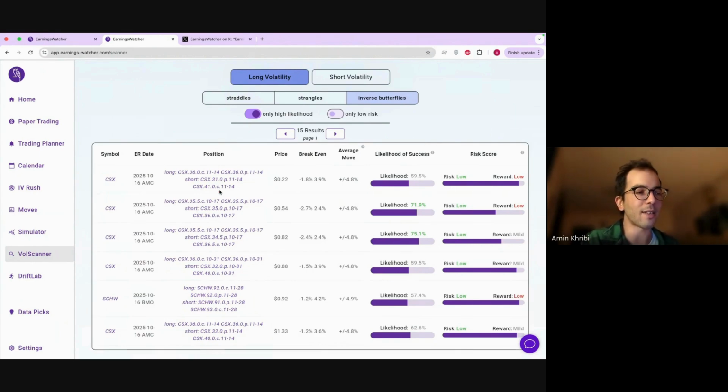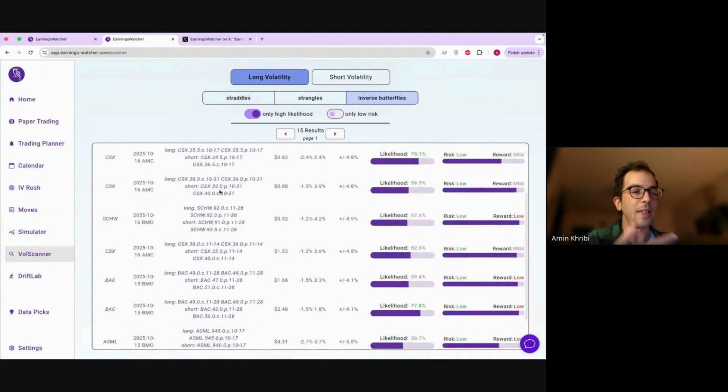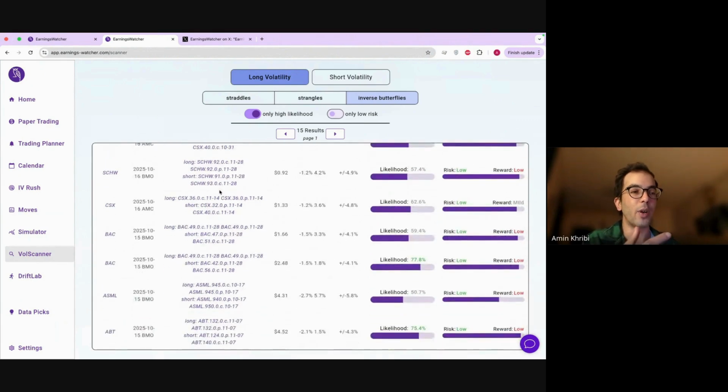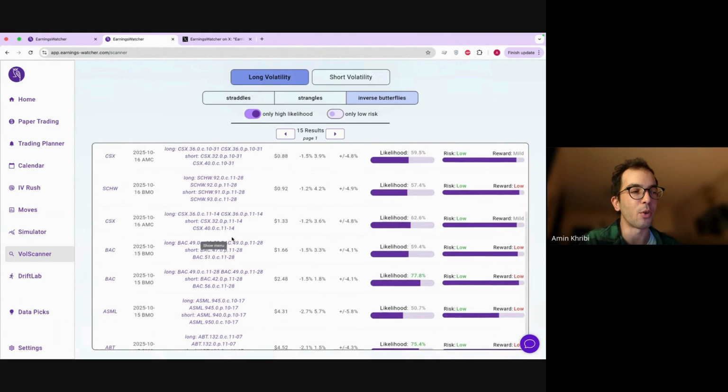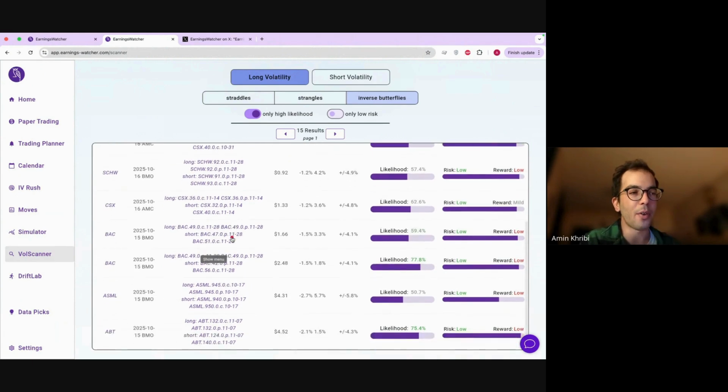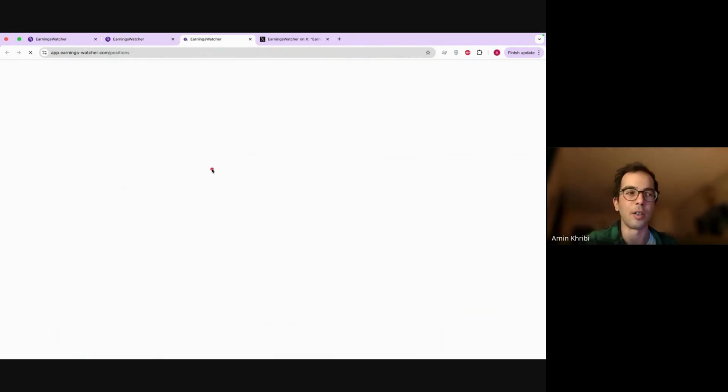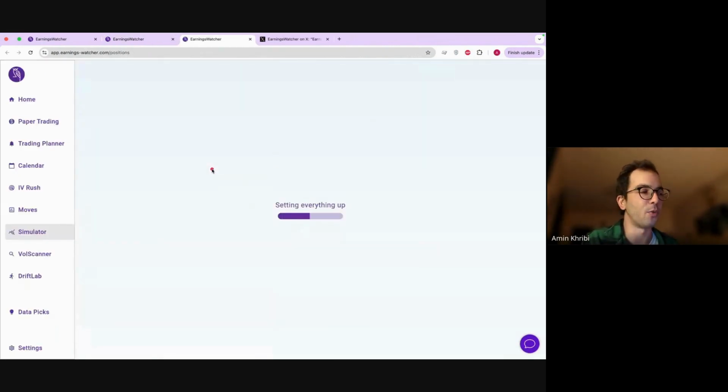And so you can start selecting from here the positions that fit where the break even is quite lower compared to the past average, etc. We find the ASML plays we were looking at, but we see that there are multiple other potential candidates for long, but also for short volatility. And so you can start your research from here instead and go from here to the simulator and study more the positions and the past moves, etc.